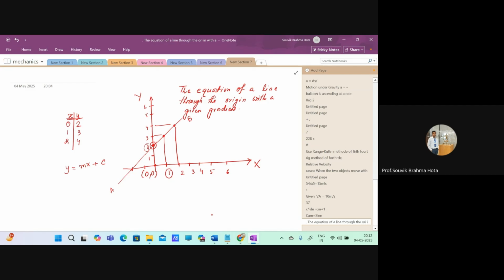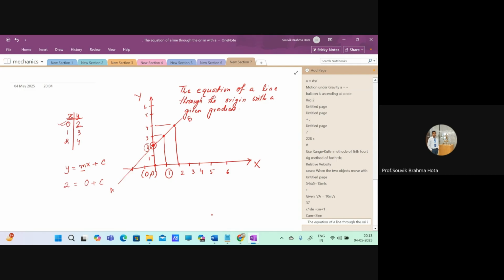How? For the first point, in the y coordinate the value is 2, so I put here 2, and this 0 actually plus c. Therefore, what I am getting is that the c value is actually 2.